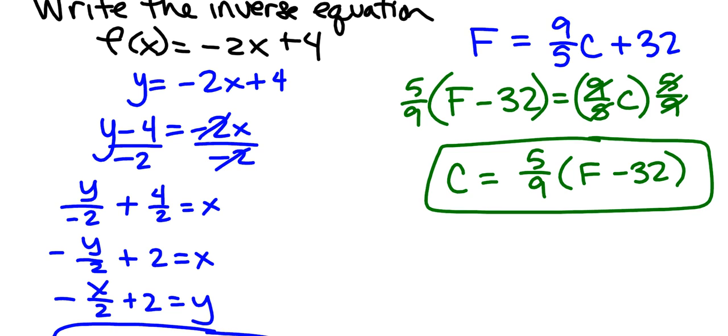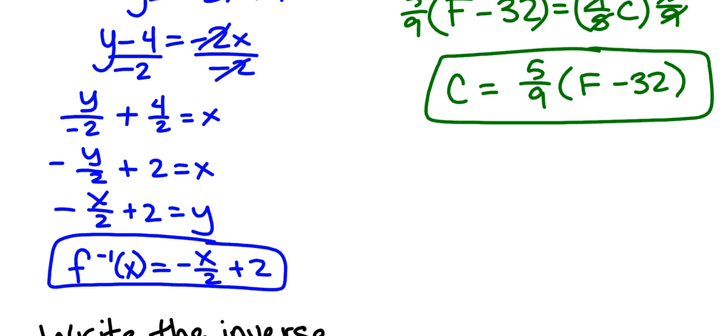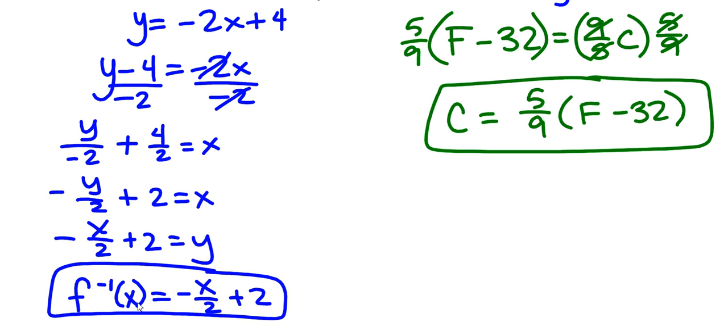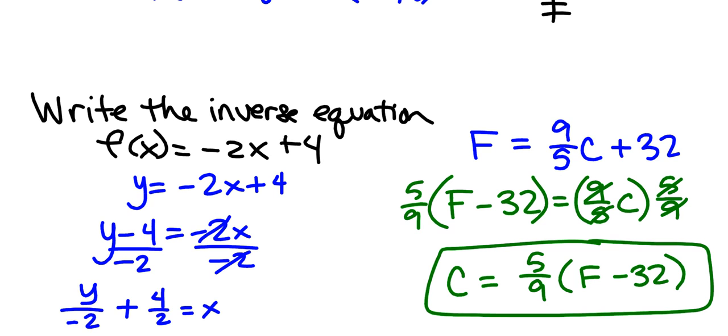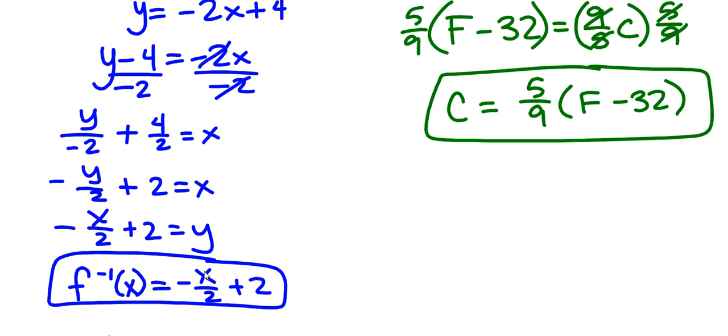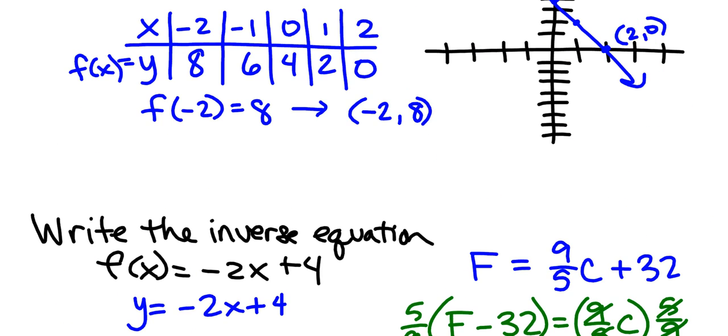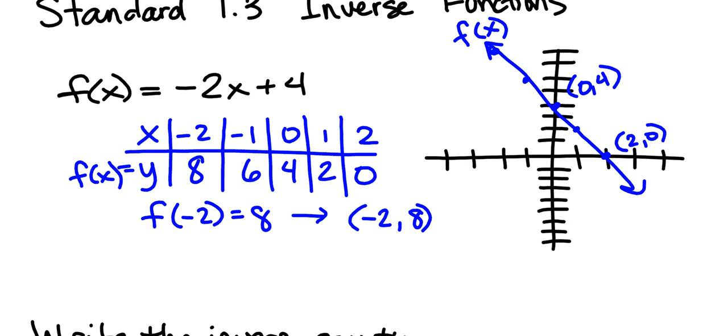All right, so another part that we'll do is we can take this inverse and we can try to figure out what does it mean and why do we have this inverse. So we found out that the inverse of our original function was what we wrote down here in blue, negative x over 2 plus 2. So I'm going to rewrite this. So f inverse of x is negative x over 2 plus 2. And we got that from just right below here.